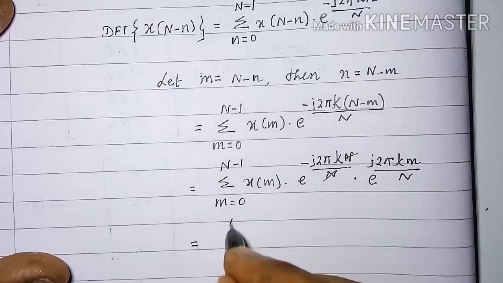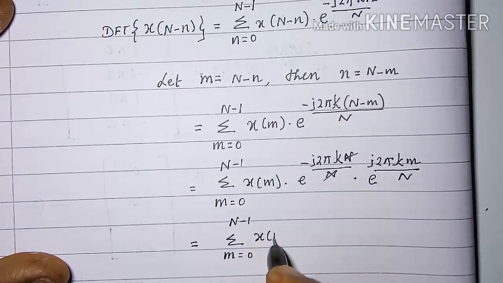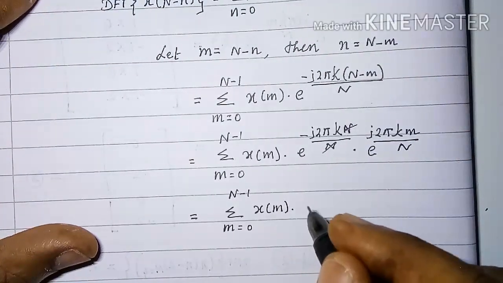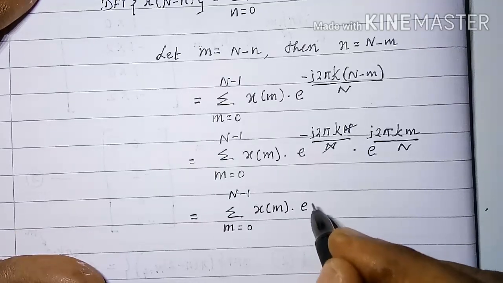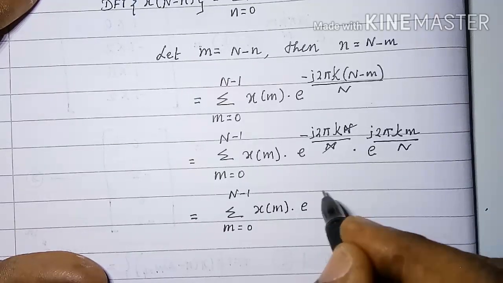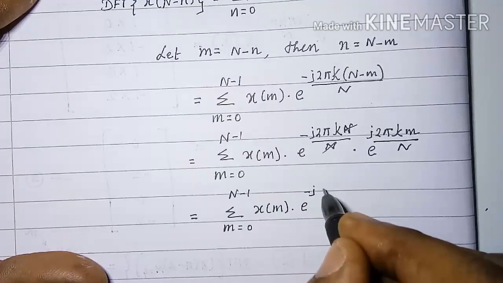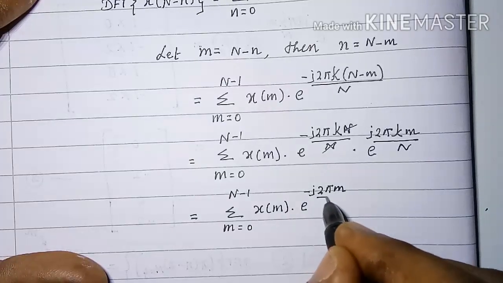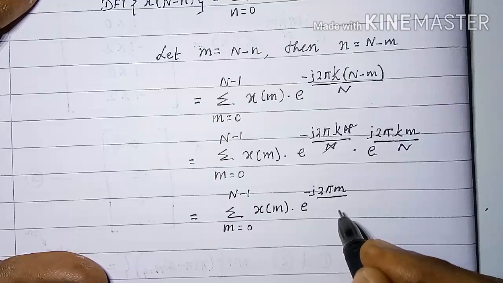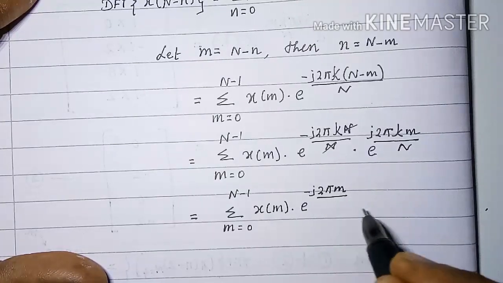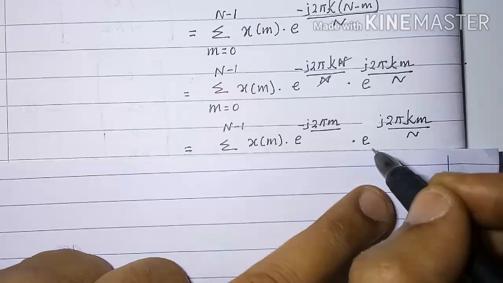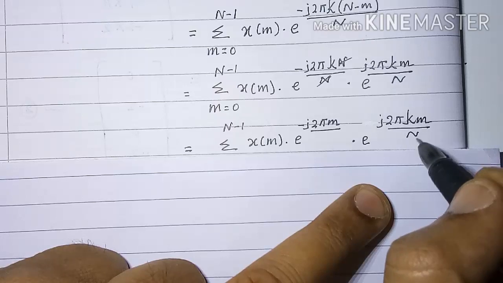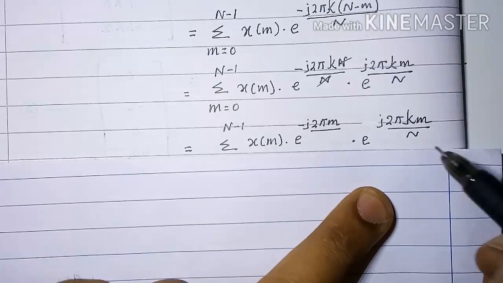So, summation m equal to 0 to N minus 1, x of m into e raised to minus j 2 pi m. We have cancelled N, so we will not write N here, into e raised to j 2 pi km upon N as it is.